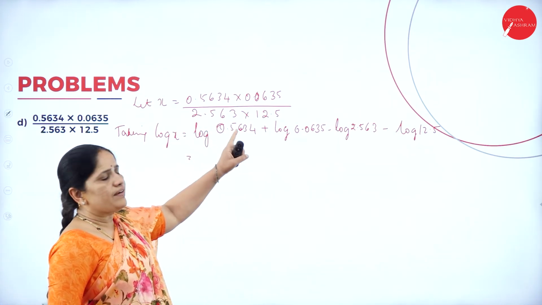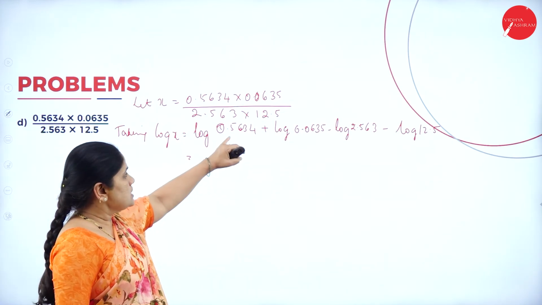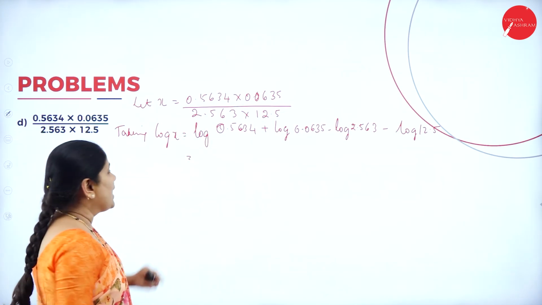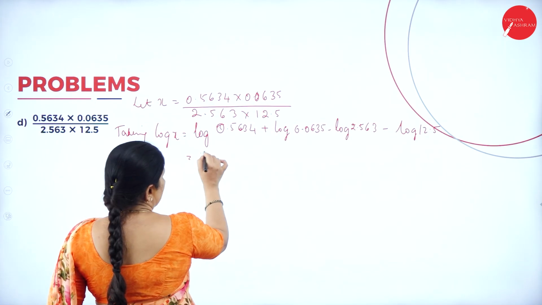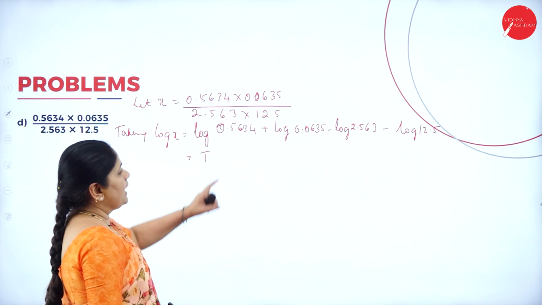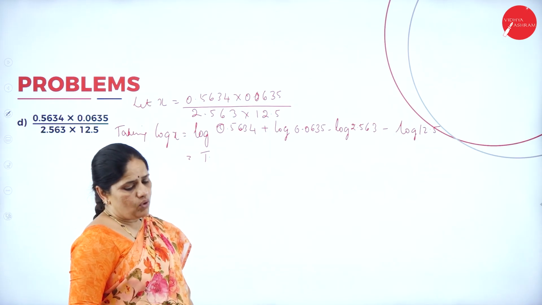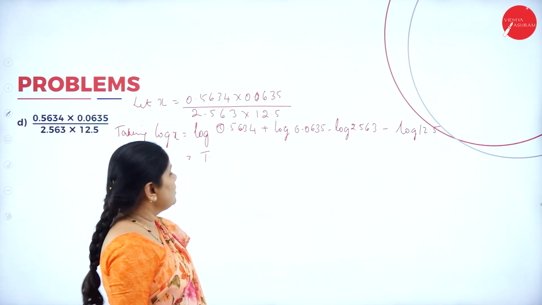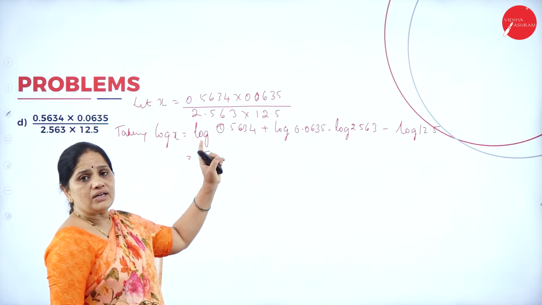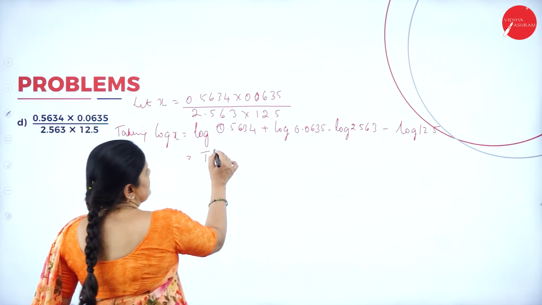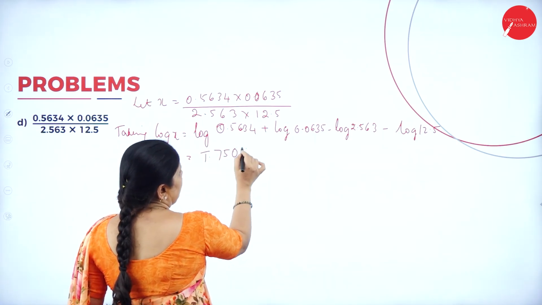So, 0.5634. So, 0 minus 1 is minus 1. So, I will write it as minus 1 point. Now, I have to find the value of 5634. The log value of 5634 is 7508.